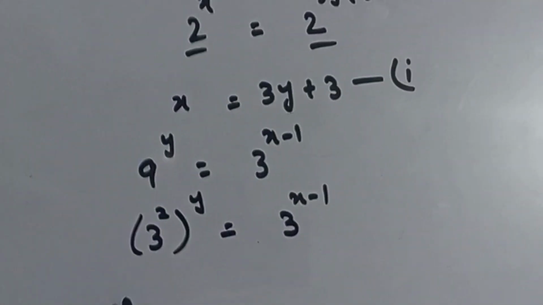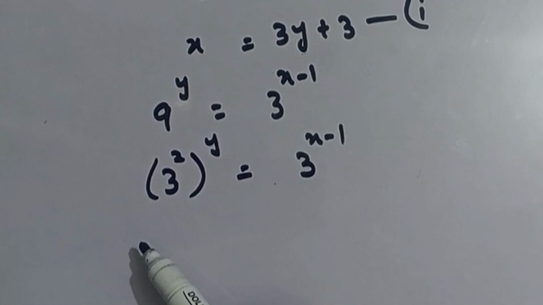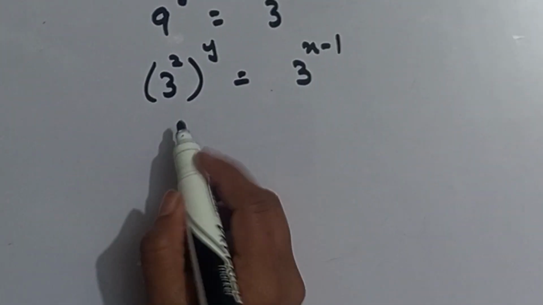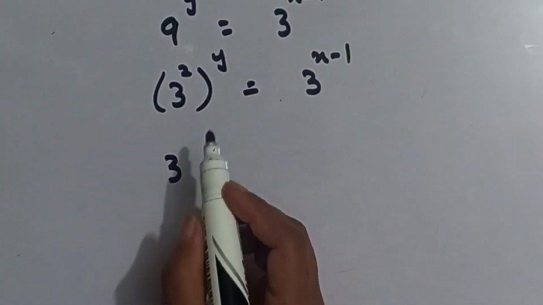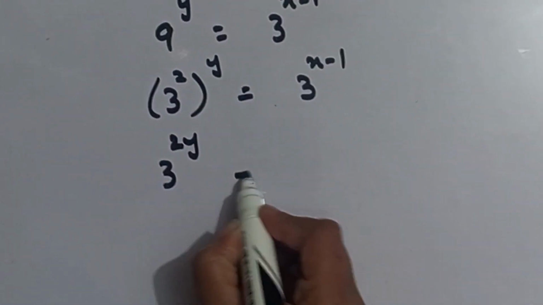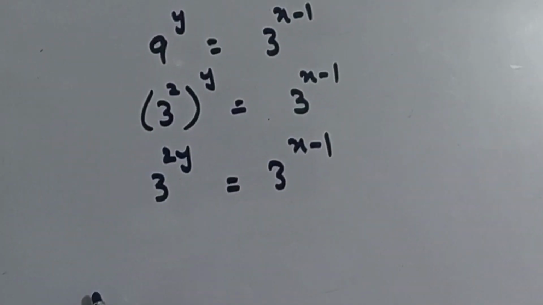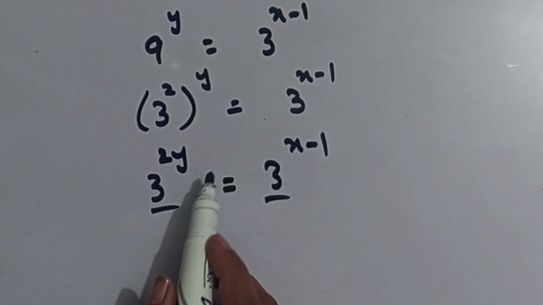Now we again use this identity on the left hand side. So we write this as 3 raised to the power, multiply this 2 by y, we get 2 times y. This is equal to 3 raised to the power x minus 1. Now at this point, the base is the same, which is 3, so we can compare their exponents.